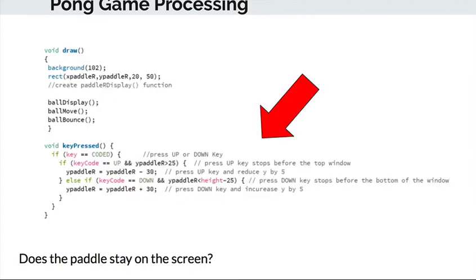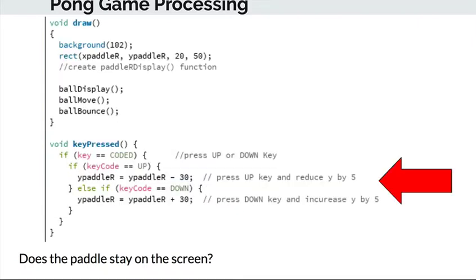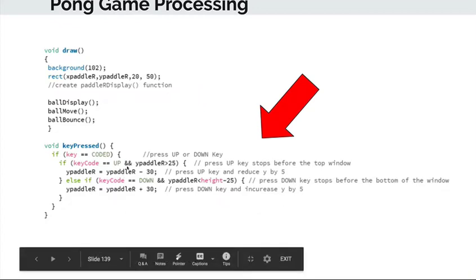Okay. Now, when you ran this code by itself, you could see the paddle could go off the screen. That's not really going to work for us. So we add that statement.